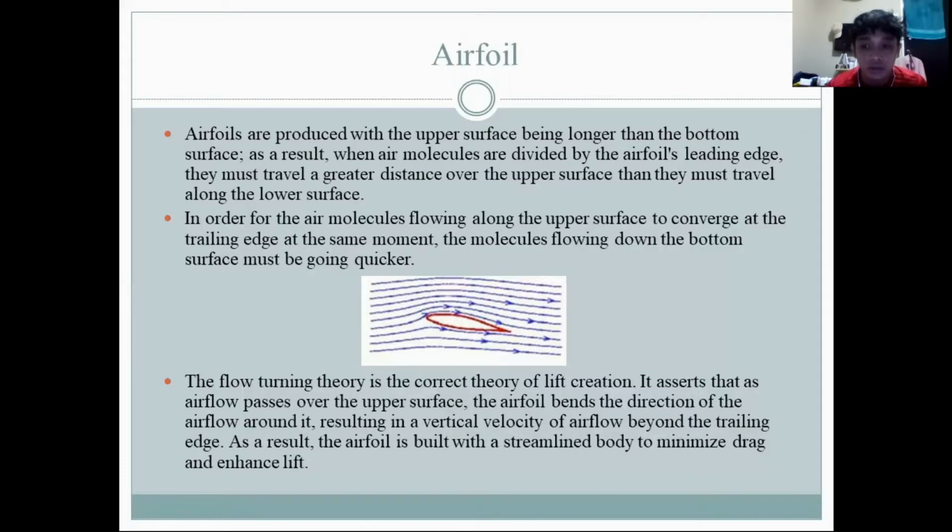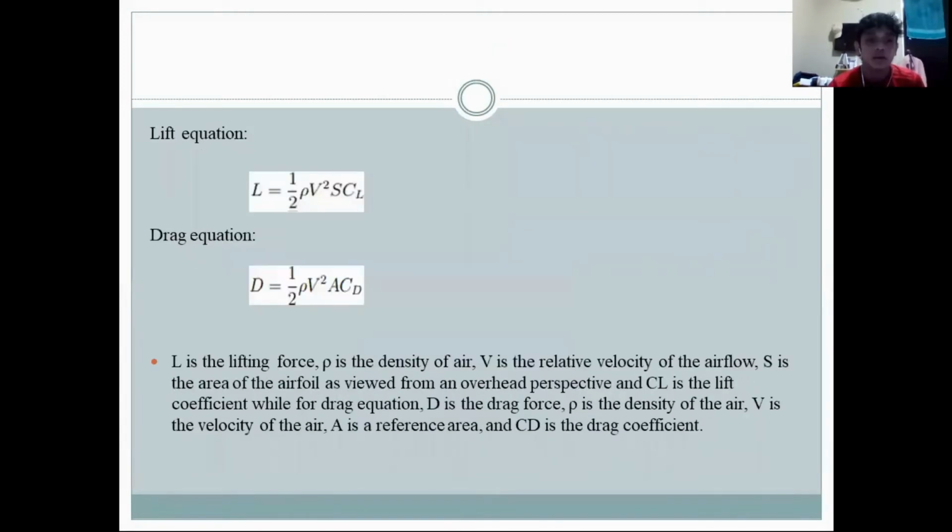This figure is the airflow about an airfoil according to the flow turning theory. Next, the lift equation is L equals 1 over 2 rho V squared S CL, while the drag equation is D equals 1 over 2 rho V squared A CD, where L is the lifting force, rho is the density of the air, V is the relative velocity of the airflow, S is the area of the airfoil as viewed from an overhead perspective, and CL is the lift coefficient.